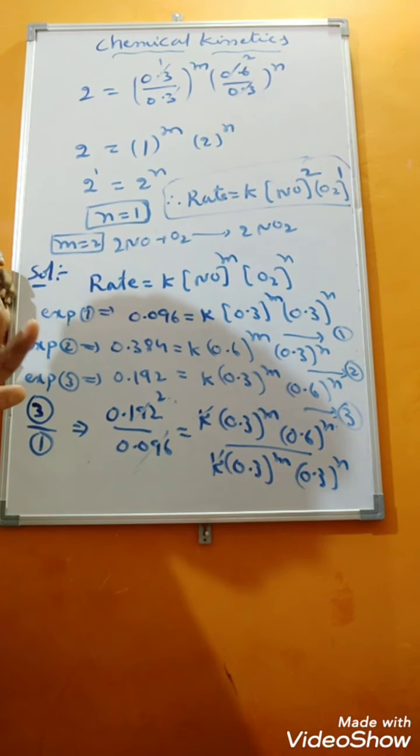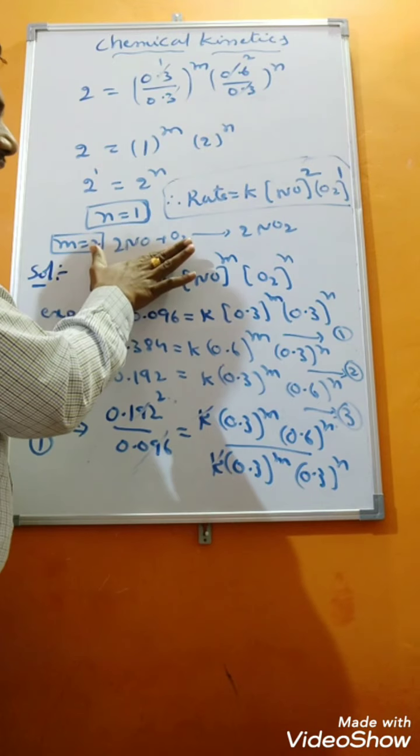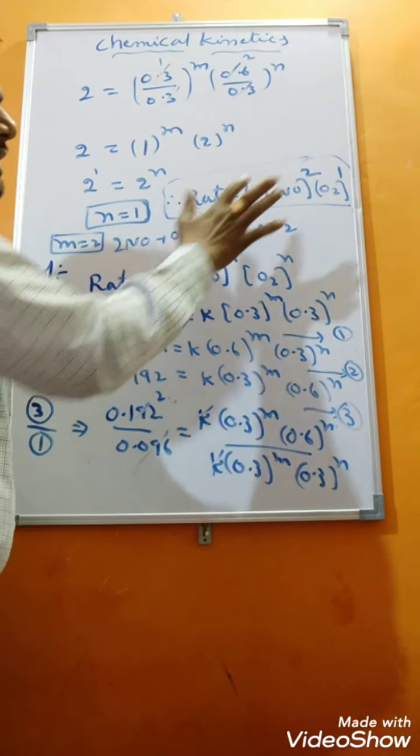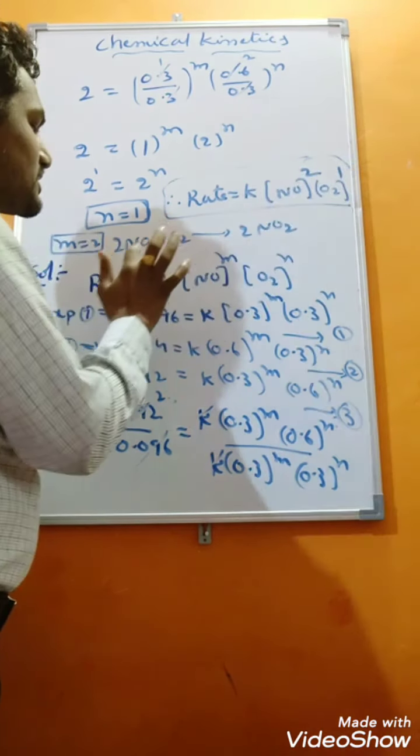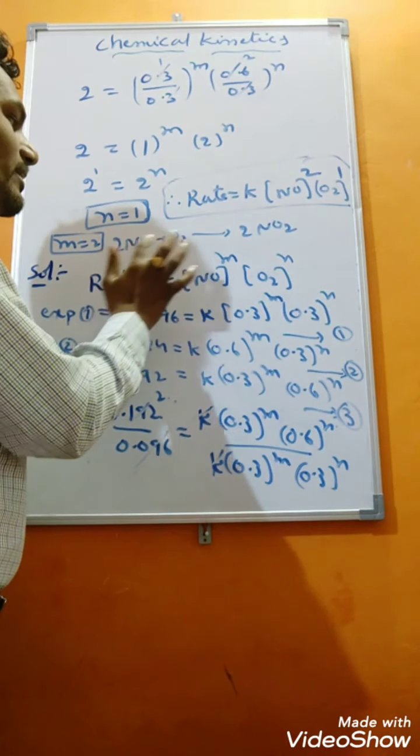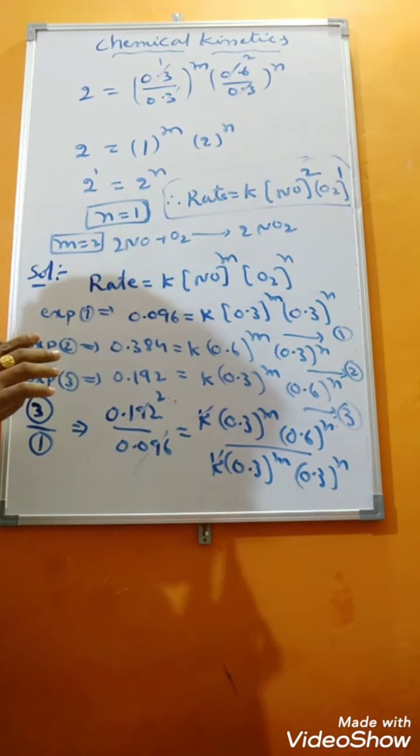Is it clear, students? So in this equation, the exponents of the rate expression equal the stoichiometric coefficients of the balanced equation.